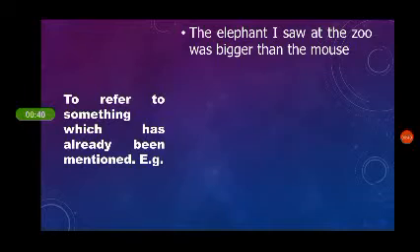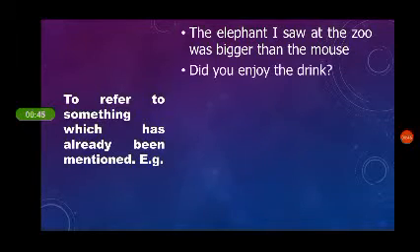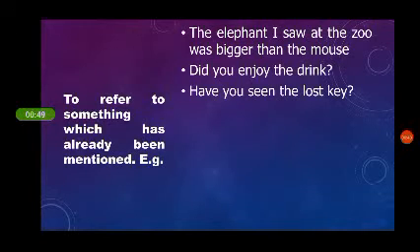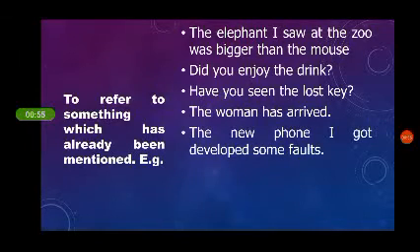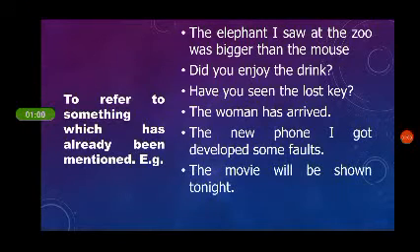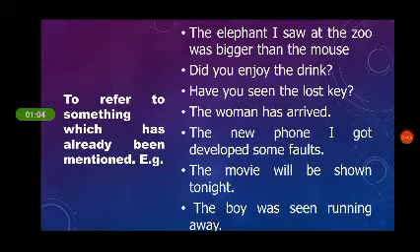For example, the elephant I saw at the zoo was bigger than the mouse. Did you enjoy the drink? Have you seen the lost key? The woman has arrived. The new phone I got developed some faults. The movie will be shown tonight. The boy was seen running away.